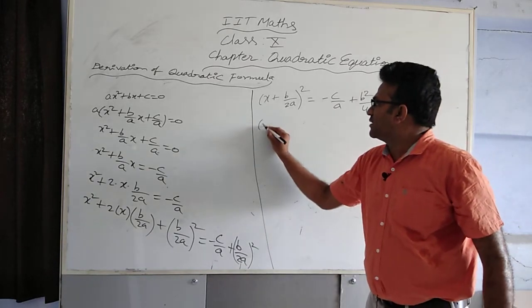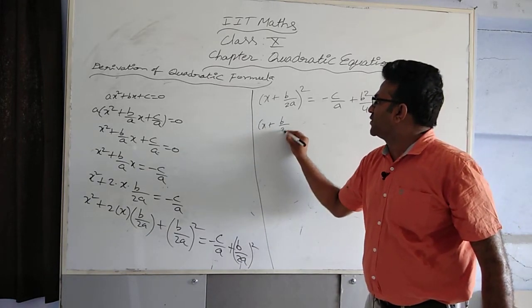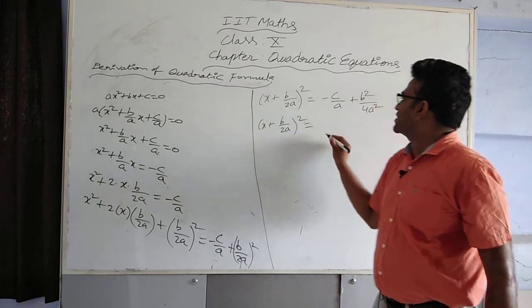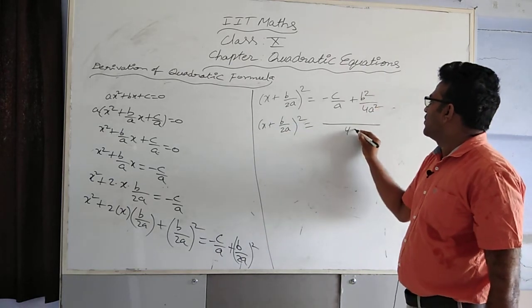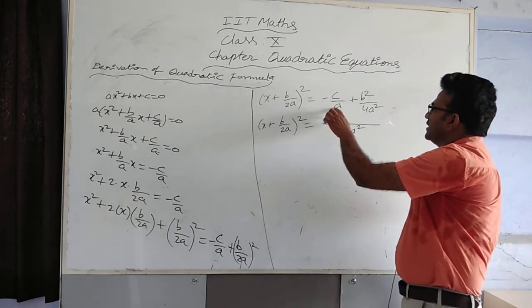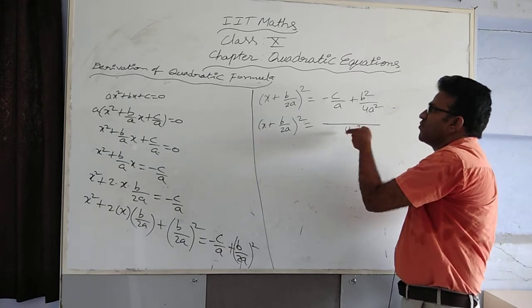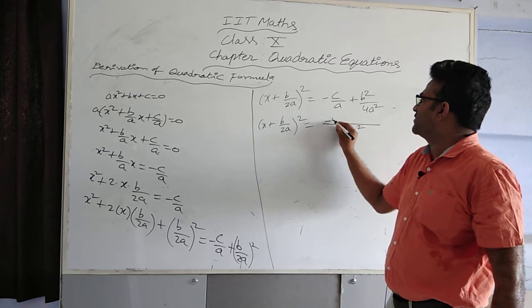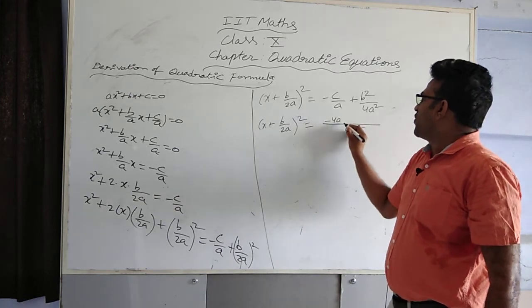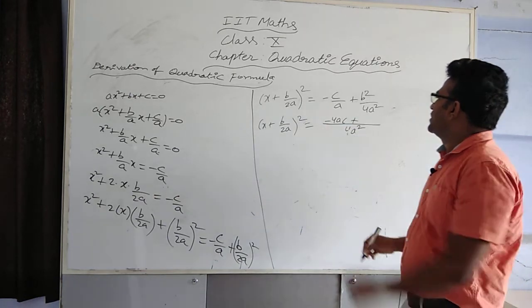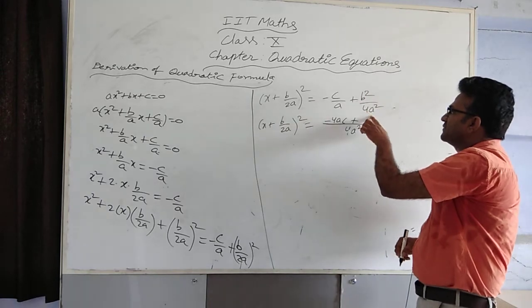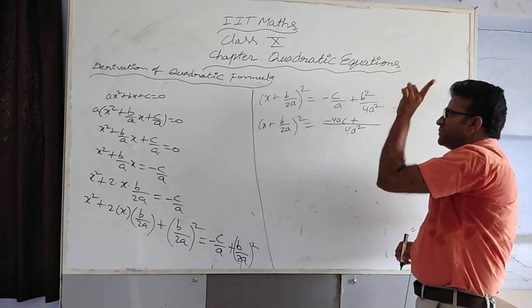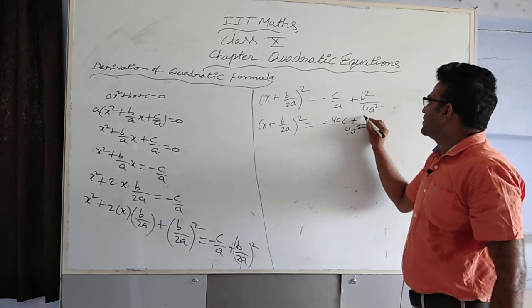Next, x plus b by 2a whole square is equal to, what is the LCM here? 4a square. A, how many times cancel? 4a times cancel. That means minus c will be multiplied with 4a, minus 4ac we will get. B square, how many times cancel? 4a square times. That means one time, that means 1 into b square.